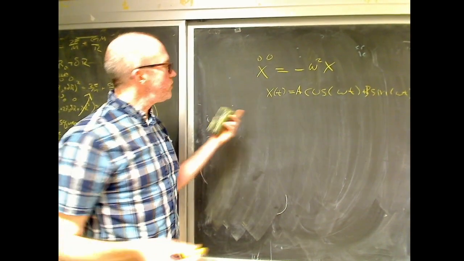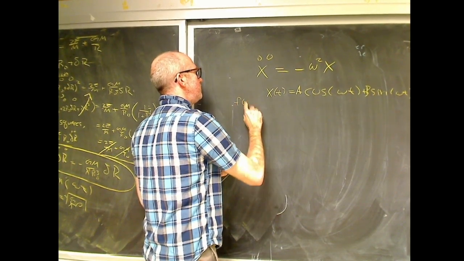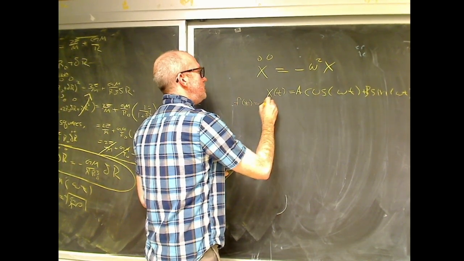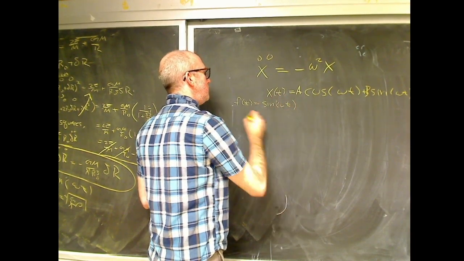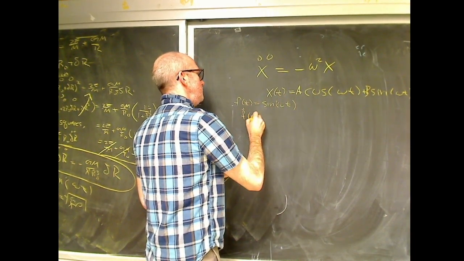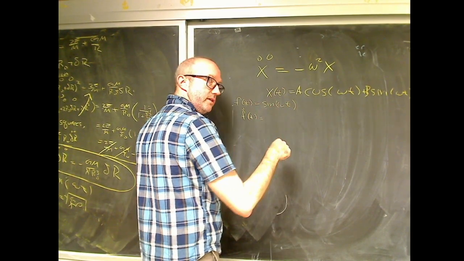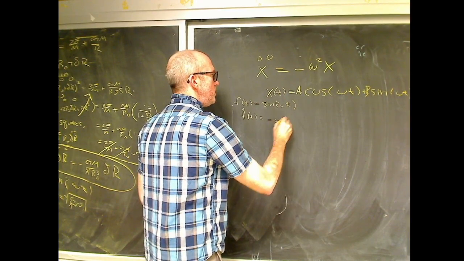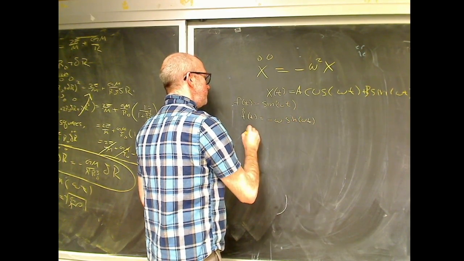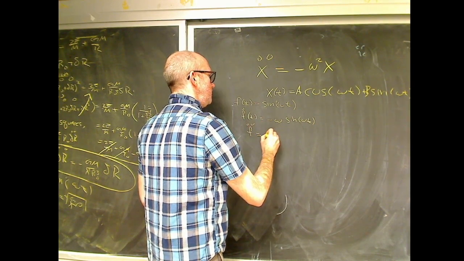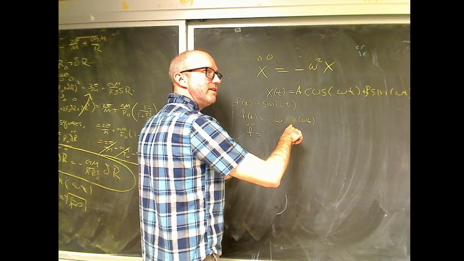So the derivative of, let's see, so if I have f of t is sine of omega t, then f dot of t equals, cosine in the derivative, omega cosine of omega t, and then f double dot equals, what goes here?